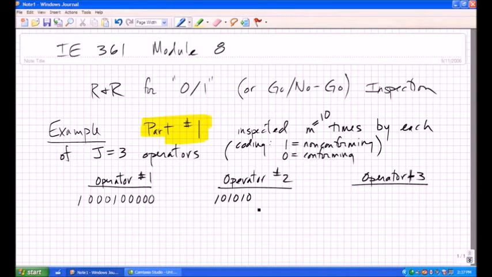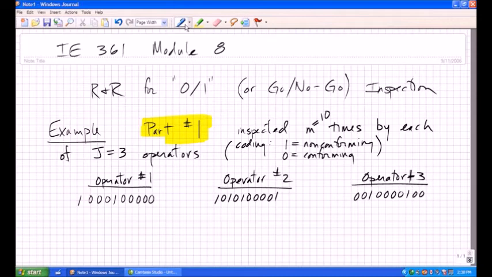So there are 6 calls. There are 10. And for sake of argument, let's suppose that operator number 3 calls conforming, conforming, non-conforming.